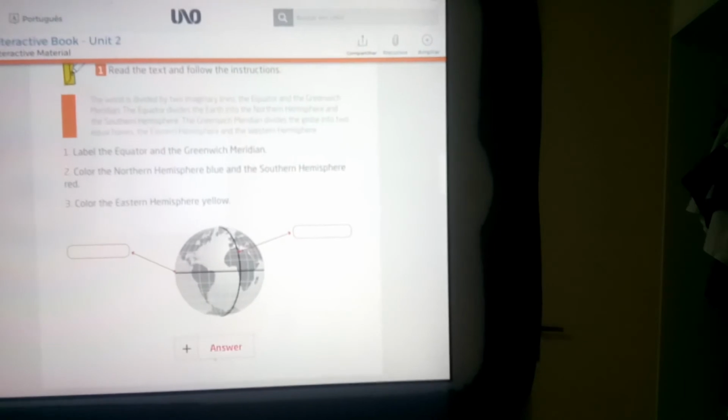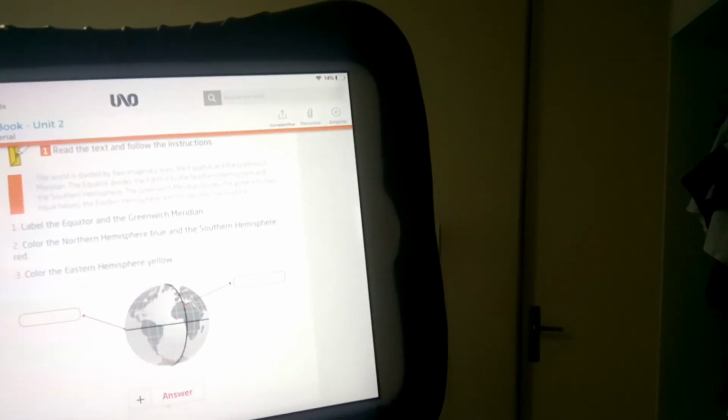And then in this exercise, you need to label the lines. So this is the equator, this is the Greenwich meridian, and color the northern hemisphere blue, the southern hemisphere red, and color the eastern hemisphere yellow.